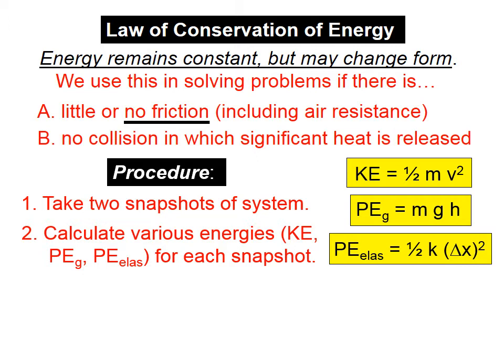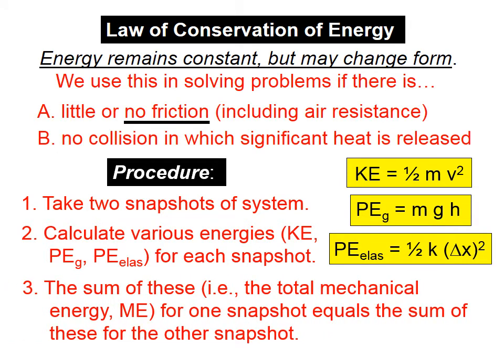We calculate those three individually for this state of affairs, then for that state of affairs. Then we sum up those energies for this state and for that state, and set those sums equal to each other. There will be some quantity that we don't know that, through that equality, we'll be able to solve for.